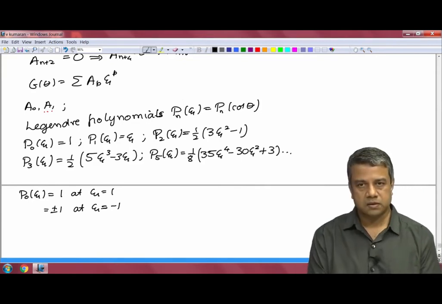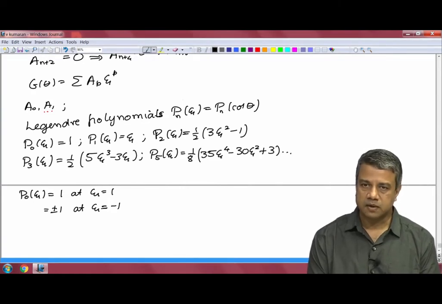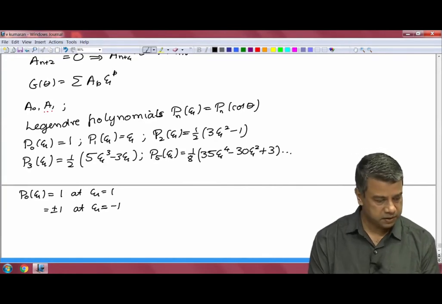So, odd polynomials are minus 1 at psi equal to minus 1, and even polynomials are plus 1 at both psi equal to 1 and minus 1.